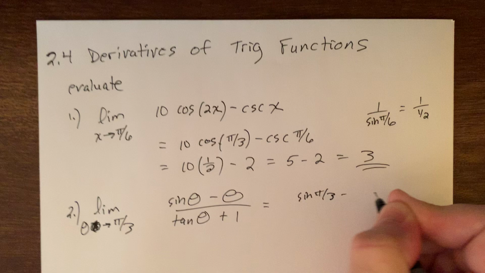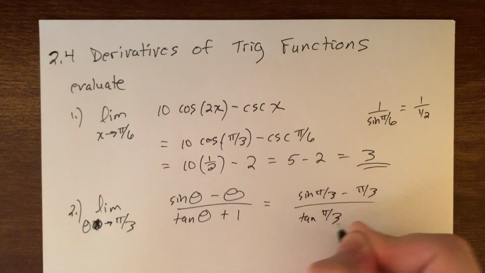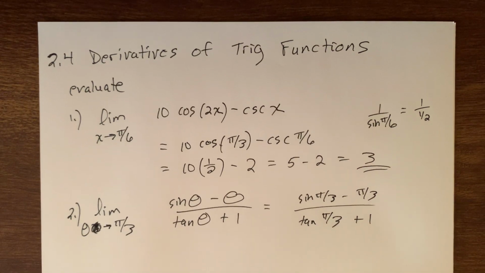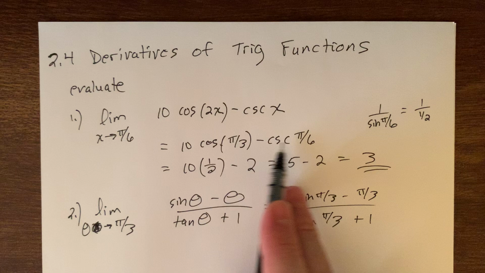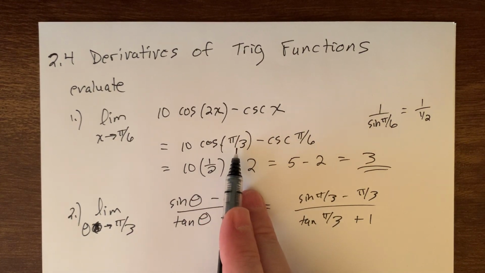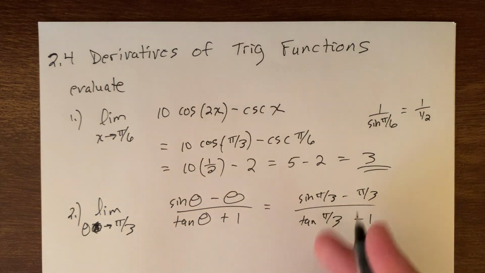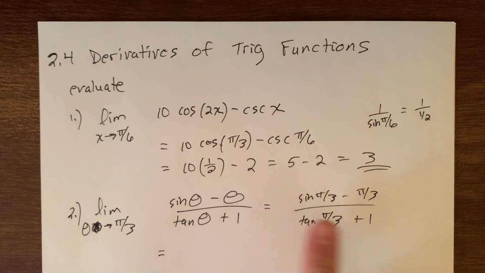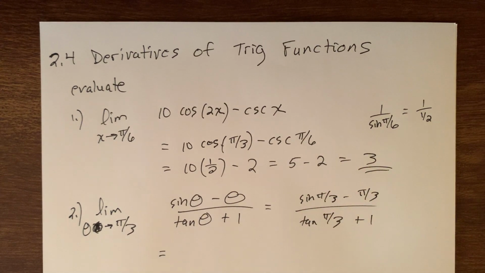Sine pi over 3 minus pi over 3, all over tan pi over 3 plus 1. Again, I could do better here. Situations like these are like leaving the square root of 9. We can do better than that. If it's an ugly angle, not a reference angle, then we would leave it. We wouldn't want our calculator to give us ugly decimals, but these are known values. Notice I plugged in, that's why I dropped my limit notation, and now I'm just cleaning up.